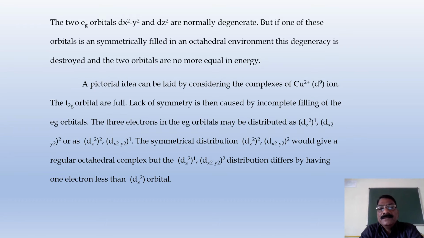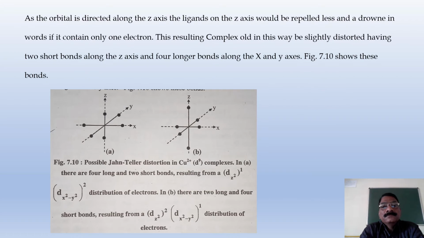The symmetrical distribution dz square 2, dx square minus y square 2 would give a regular octahedral complex, but the dz square 1, dx square minus y square 2 distribution differs by having 1 electron less in the dz square orbital.